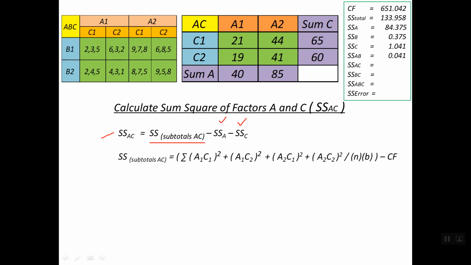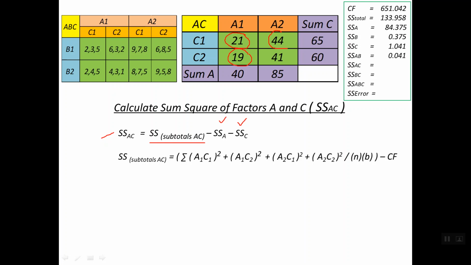How to calculate the SS for the subtotal between A and C? We have 4 subtotals or 4 groups. This group represents A1C1, and this group represents A1C2.